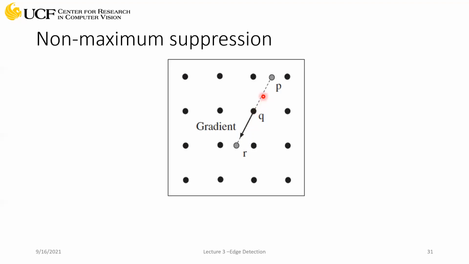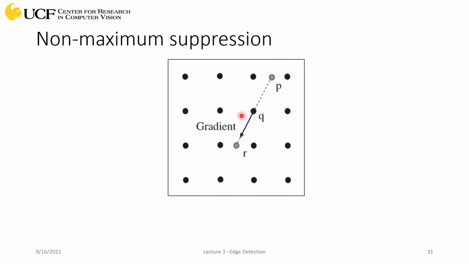this orientation, in the case of edges, is the normal to the edge. If the edge is in this direction, then the perpendicular is at 90 degrees to that edge. We follow this normal direction and try to find the neighboring pixels.